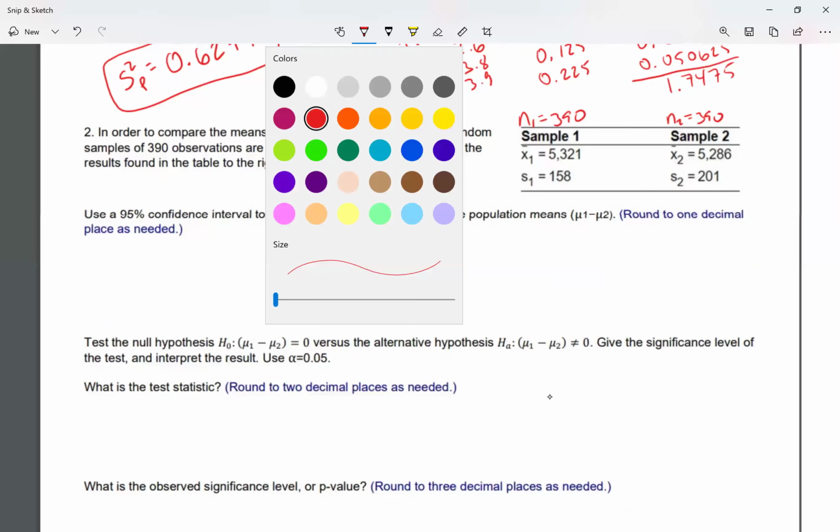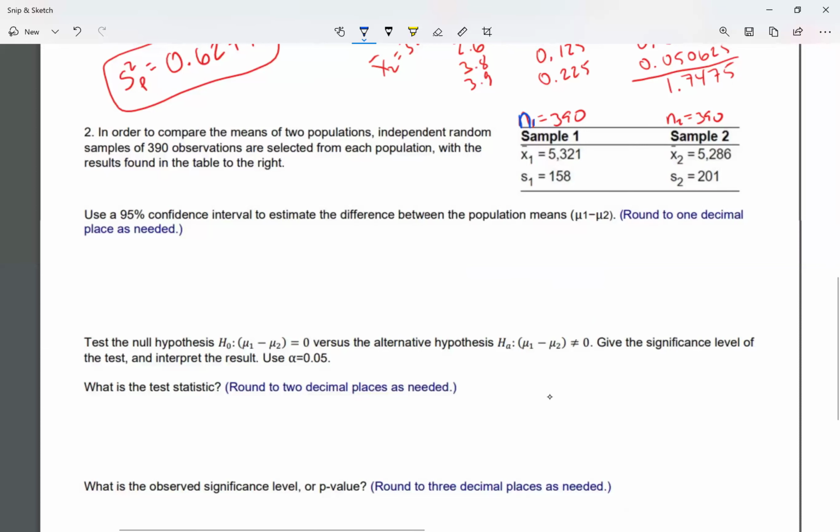Let me change this to blue so I don't get confused with the previous question. Okay, with the results found in the table to the right. So I see, again, my average and my standard deviation of each of my samples. Use a 95% confidence interval, okay?